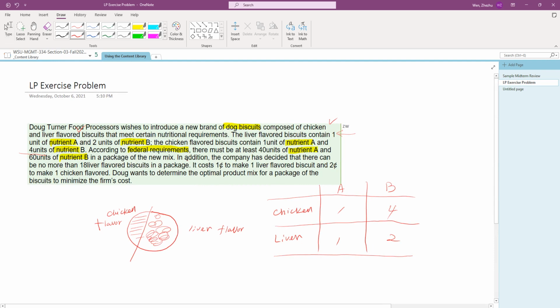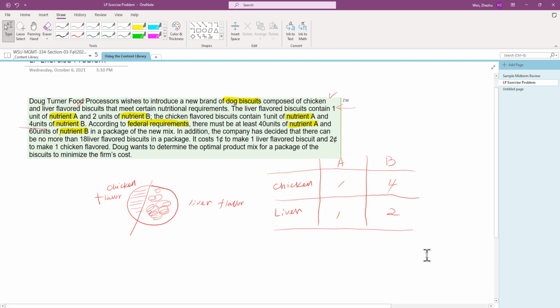Okay, and what other information do we need to know? It looks like the federal requirement asks that there must be at least 40 units, meaning that once the quantity is determined, the quantity for nutrient A must be at least 40.